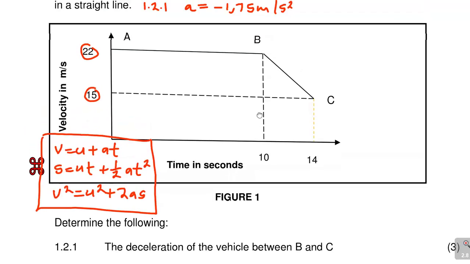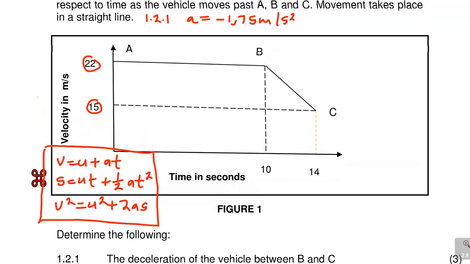Now if we are talking about the distance, in this case it is the area under the whole shape. When they talk of distance, they are referring to everything that is under this shape. So we are looking for the area under this whole shape. That is what they mean when they say distance.